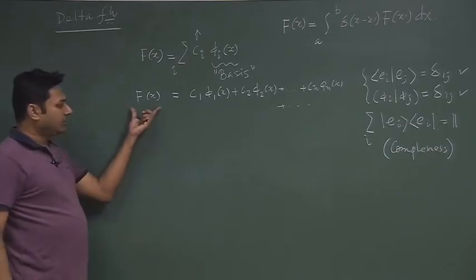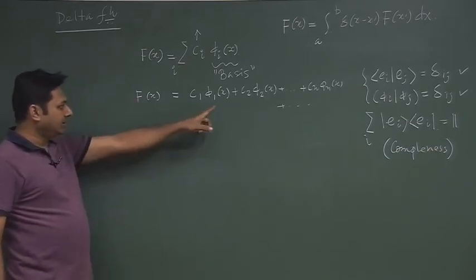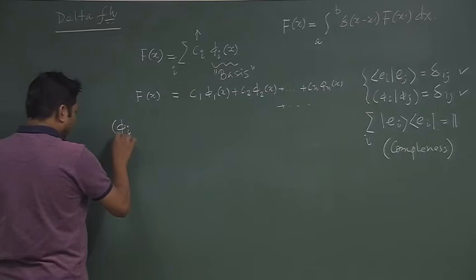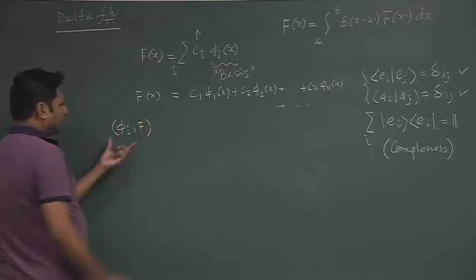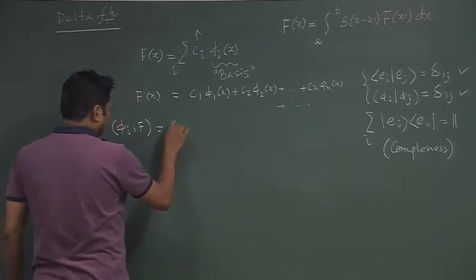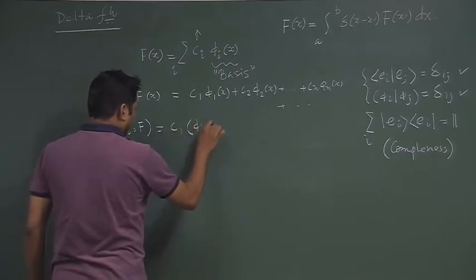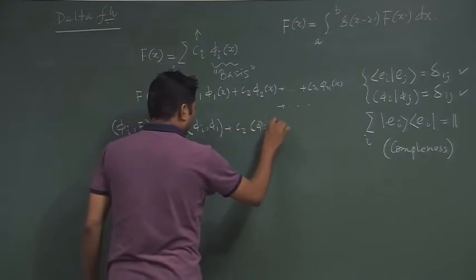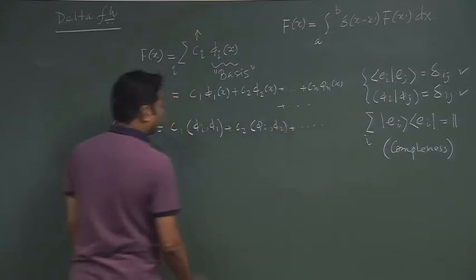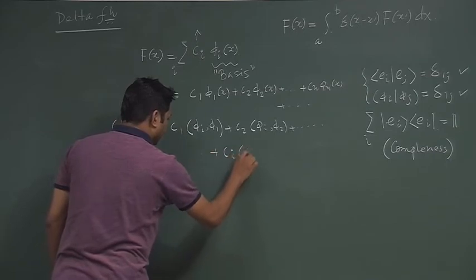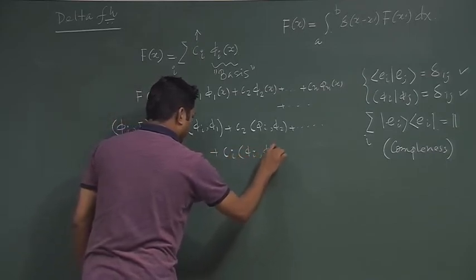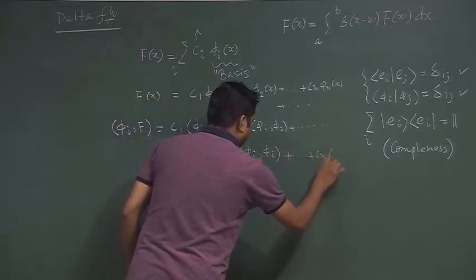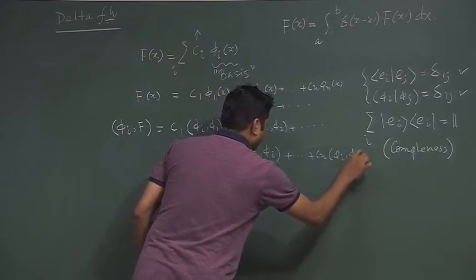So I will take the inner product on both sides with respect to phi_i. Then the left hand side will remain this, and the right hand side I should write something like this: C1 <phi_i|phi_1> plus C2 <phi_i|phi_2> and so on, C_i <phi_i|phi_i>, and Cn <phi_i|phi_n> and so on.